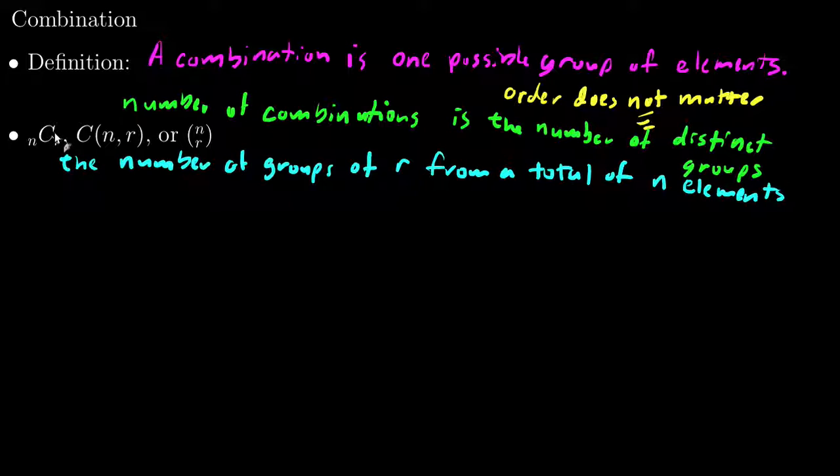Now, I usually use this notation here when I'm writing it, however they're all equivalent. In the permutation, I forgot that a lot of books use the P(n,r) notation. It's the same thing as nPr. This notation I've seen used by a lot of my professors later in college when they're using combinations for other things. You should be familiar with all of them.